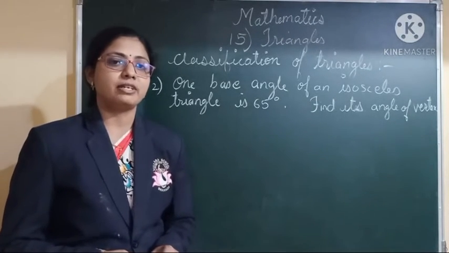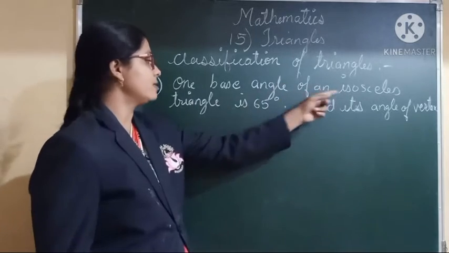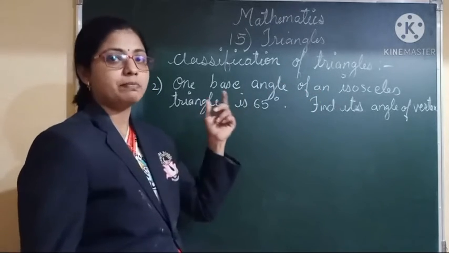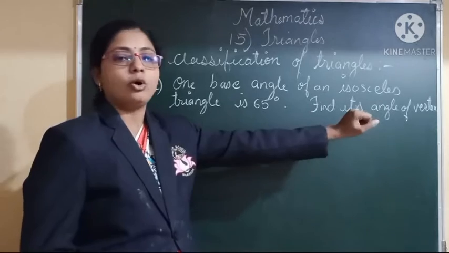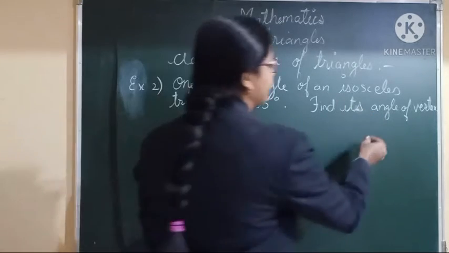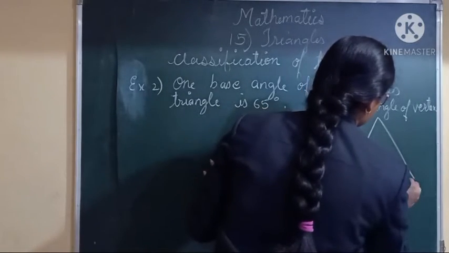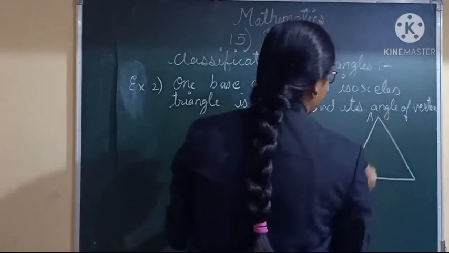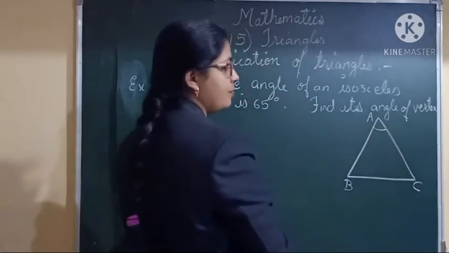Now we will see a different type of example. One base angle of an isosceles triangle is 65. Find its vertex angle. So we have to find the vertical angle. First draw the diagram. A, B, C. This angle we have to find out.